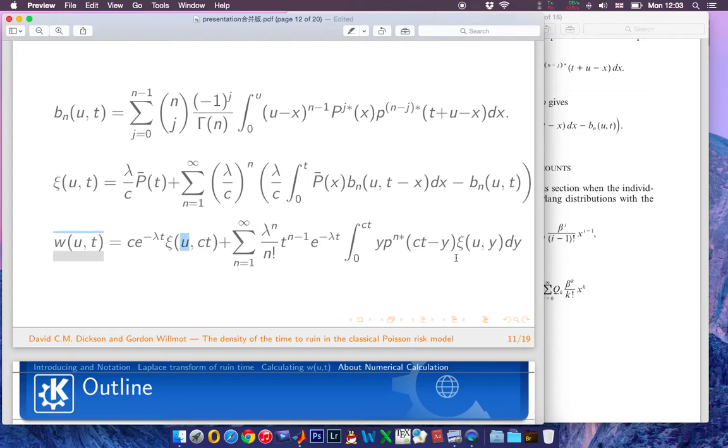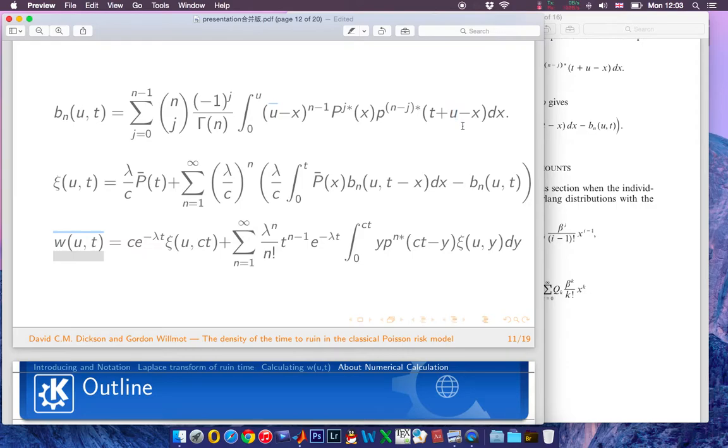You see the integral here, we are operating on this t part, and you see the integral here, we're also operating on the second parameter of Bn, rather than the first parameter, which is the initial capital. And even for this Bn part, we do nothing about U. See, U is always a constant here.